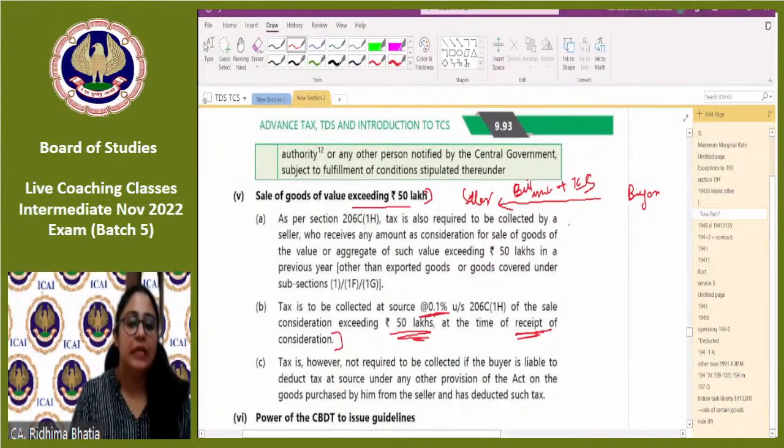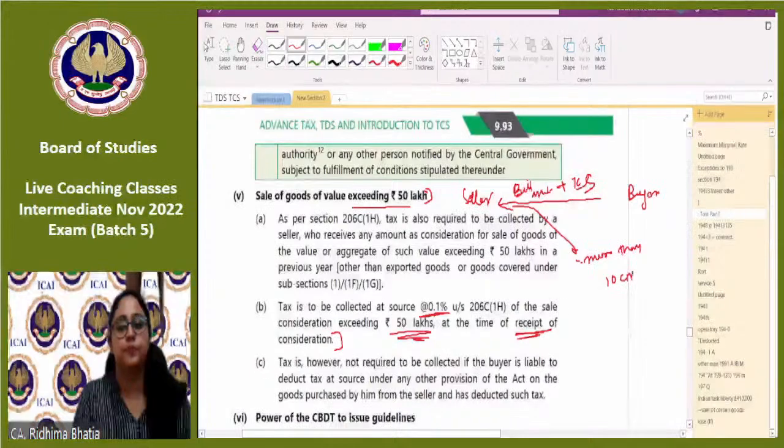Here the seller can be any person who has a turnover of more than 10 crores in the preceding financial year.